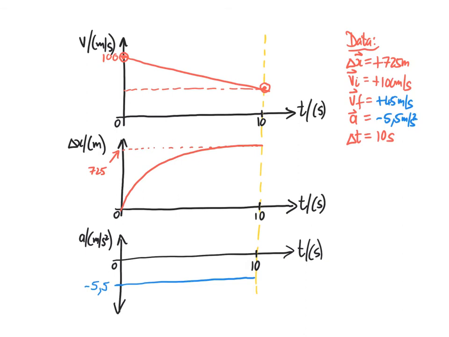So we learned that V final is V initial plus A delta t.